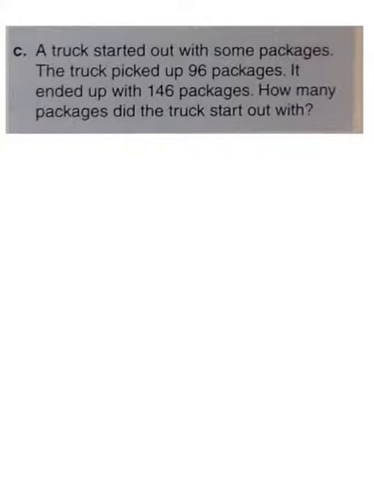So in this situation, the truck is picking up packages. So the big number is going to be the end number, since it's picking up more packages. So when it said that the truck started out with some packages, and then it picked up 96 packages and ended with 146. Since it's picking them up, we know our big number is what it ended with.